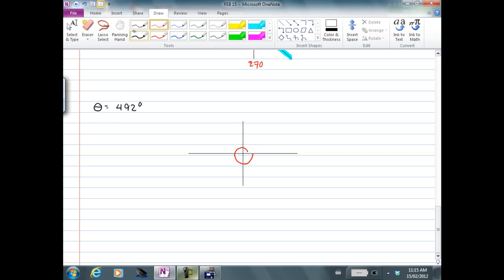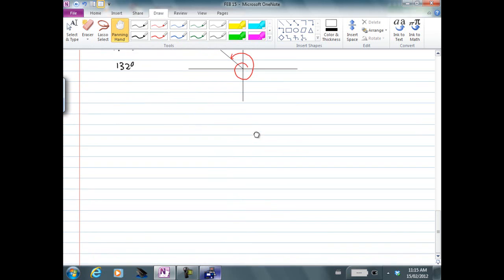So let's just do this right now. 492 minus 360 gives me 132. So really, I'm just plotting 132. 132 is going to be somewhere here. Draw it in. And when I draw on my snail trail, look, I go all the way to here. See, it looks like a snail shell. So I call this my famous snail trail to show you how many times it went around. Yeah, that was easy.